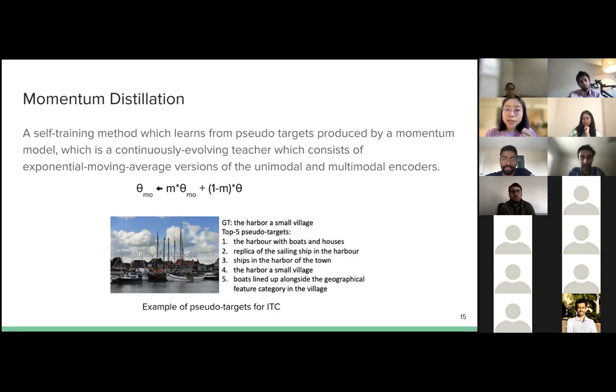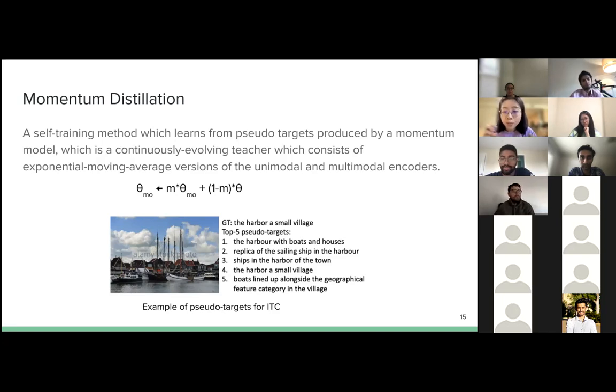And if we only give the ground truth text and image pair a probability of 1, then we're kind of penalizing the model for thinking that the other reasonable pairs are correct. And this could degrade the model's generalization performance.